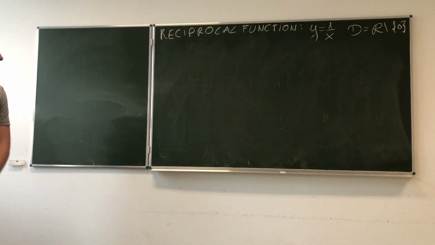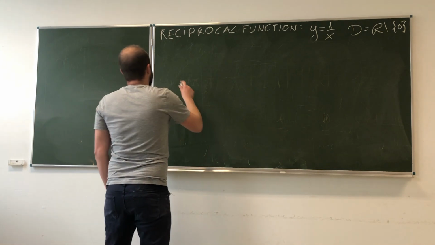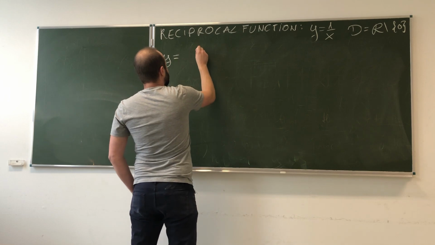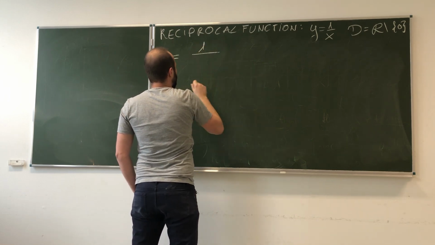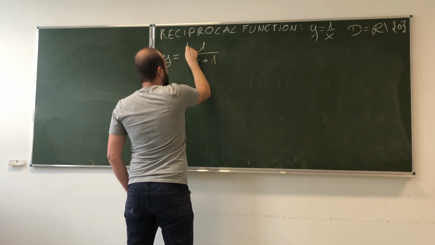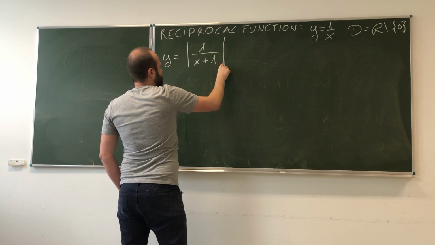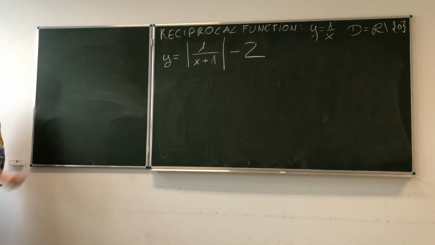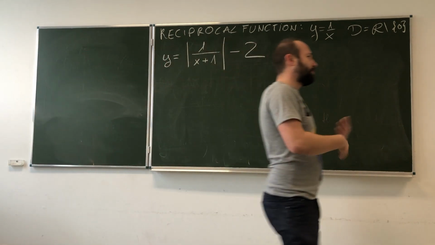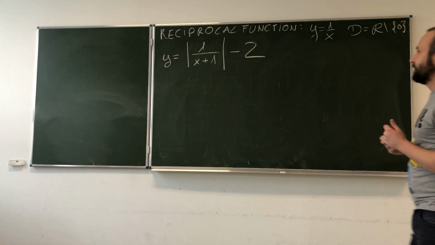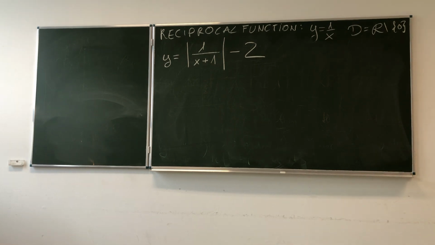Okay, look, imagine that the function we need to deal with is y equals, let's just say, the absolute value of 1 over x plus 1, minus 2. Okay, this might seem like a problematic function to draw right away, but maybe we can use everything that we learned about the transformations and do it step by step.